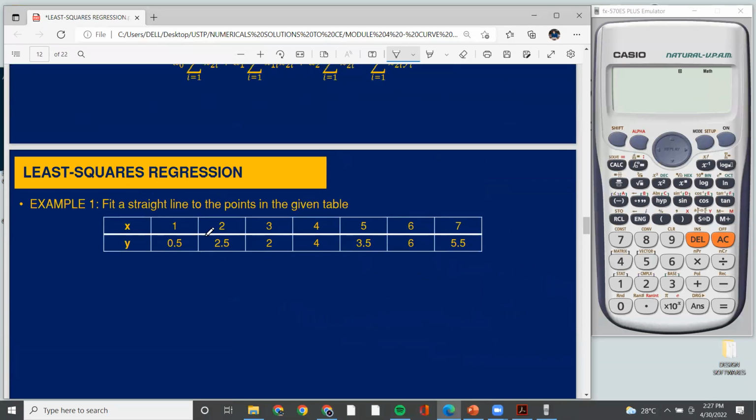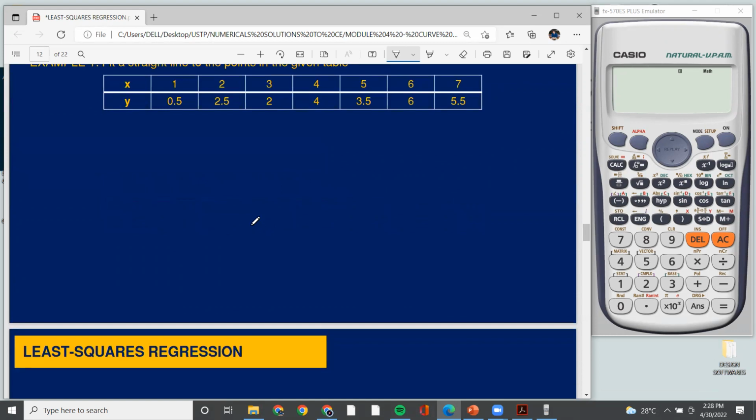Okay? So, kani siya nga example is, naay siya mga error. Kung atong i-plot, if atong i-plot, mga itong Cartesian plane, the x and y, Cartesian plane, so taman 7. 1, 2, 3, 4, 5, 6, and 7. So, dili kaayo ni siya accurate.